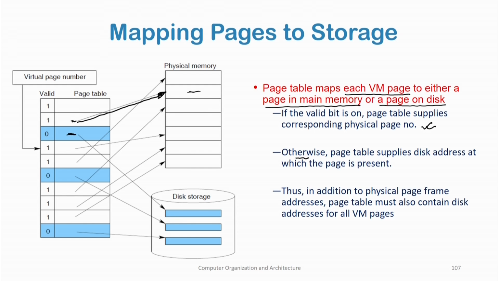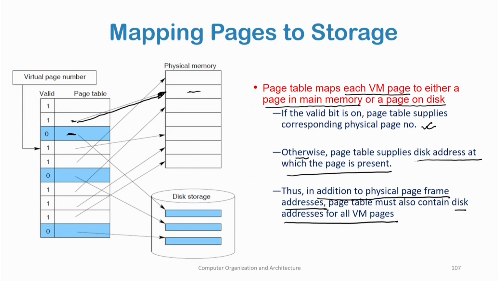So, the page table must also contain the disk address of all pages in virtual memory, and otherwise the page table supplies the disk address at which the page is present.